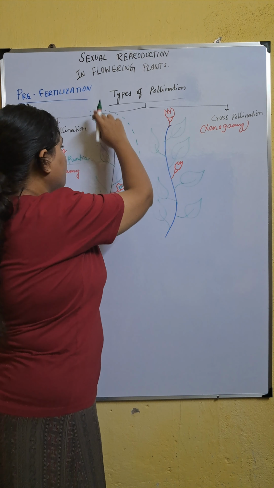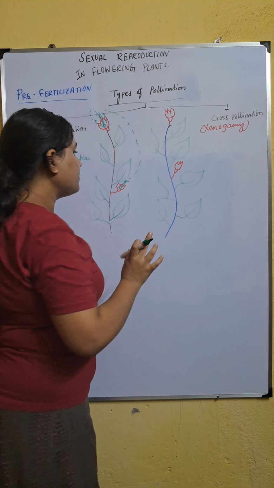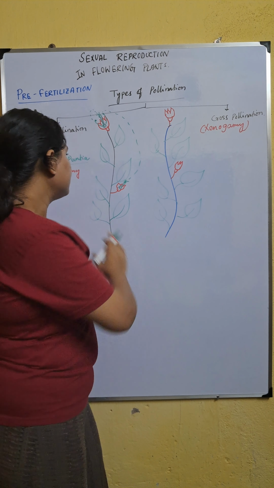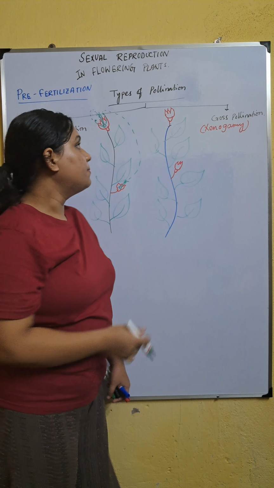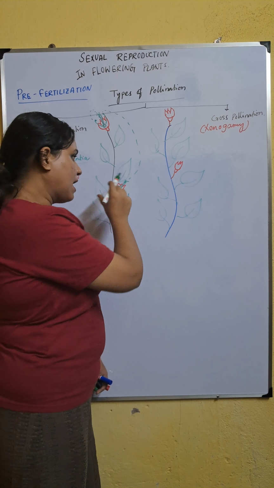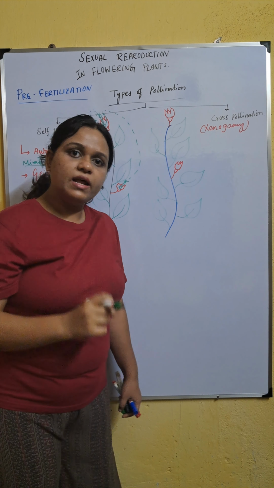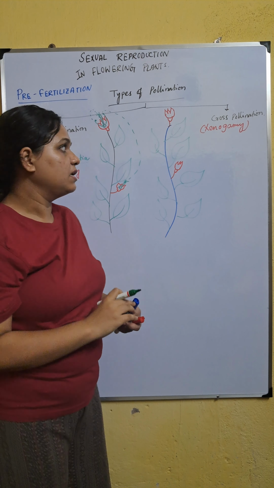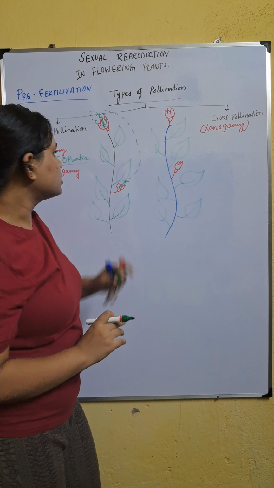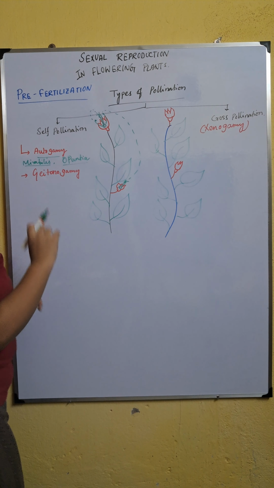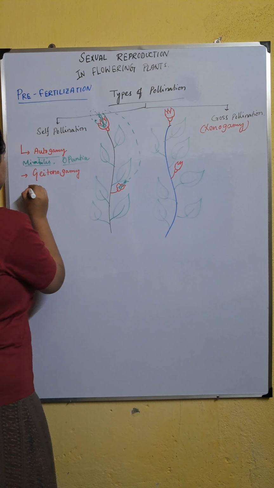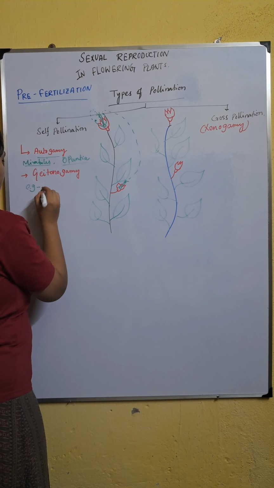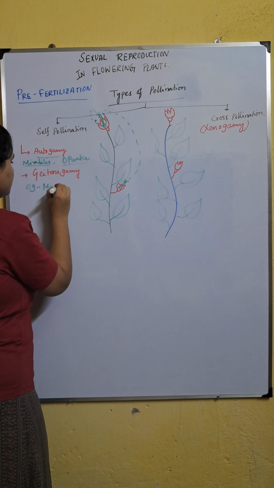So geitonogamy also occurs in the same plant as it is a self-pollination process, but the flower will receive the pollen grain from the distant flowers of that plant only. Before coming to cross-pollination, we need to understand the examples of geitonogamy. Maize is a good example.